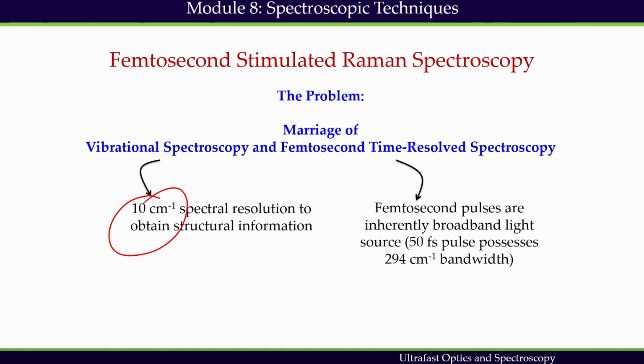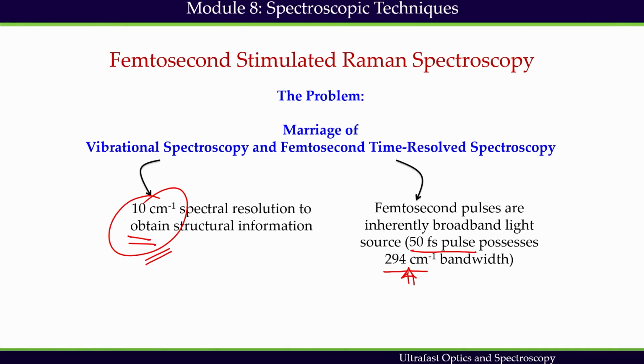So, I need 10 wave number resolution to obtain the vibrational spectrum. On the other hand, femtosecond pulses are a broadband light source, and let us say we have taken a 50 femtosecond pulse, definitely it should have almost 300 wave number bandwidth. So, with the help of a light source having 300 wave number bandwidth, we will not be able to measure a vibrational spectrum with 10 wave number resolution. It is impossible.